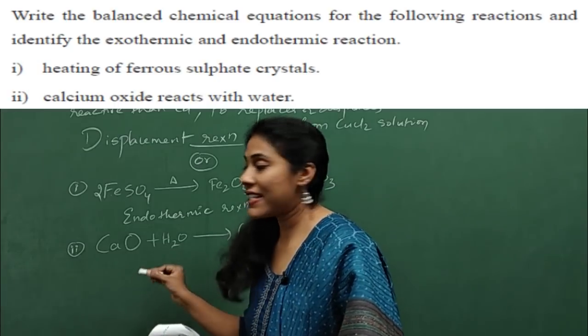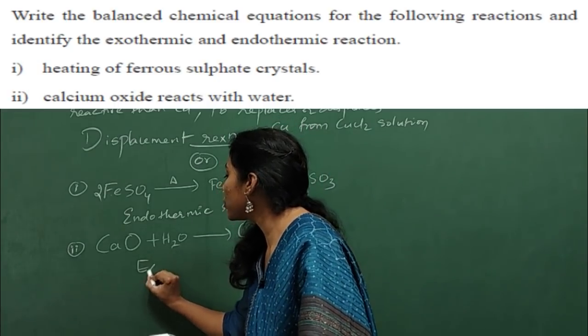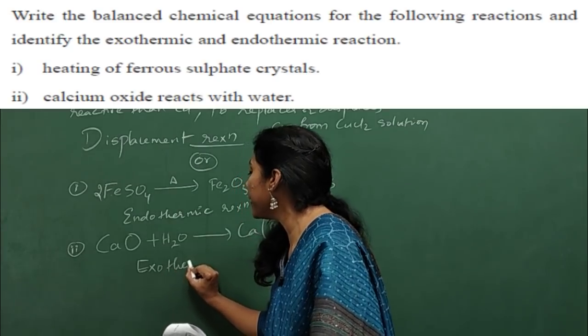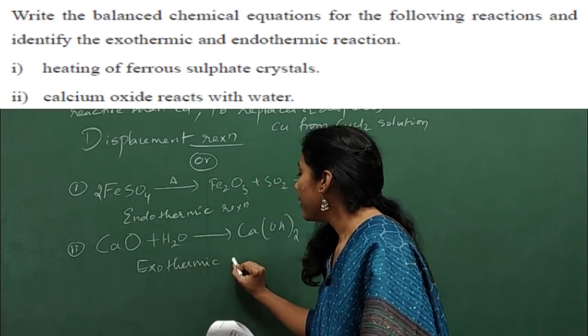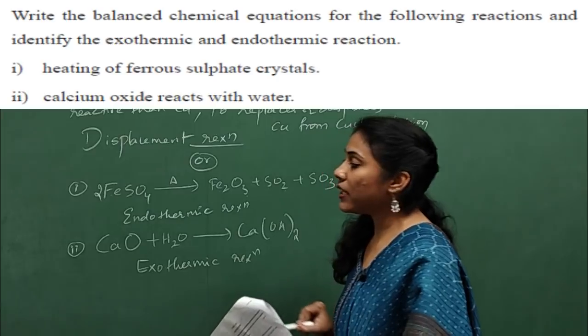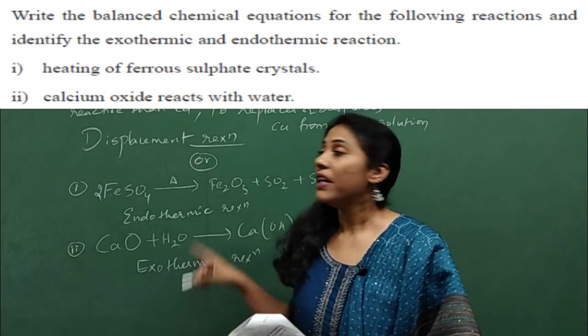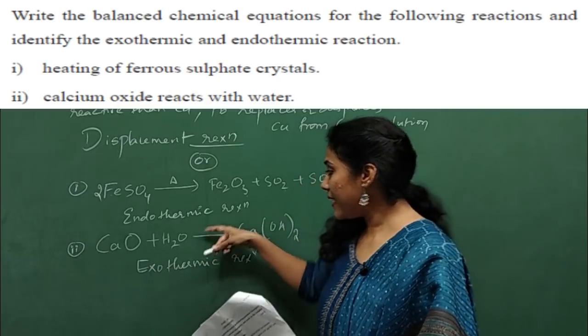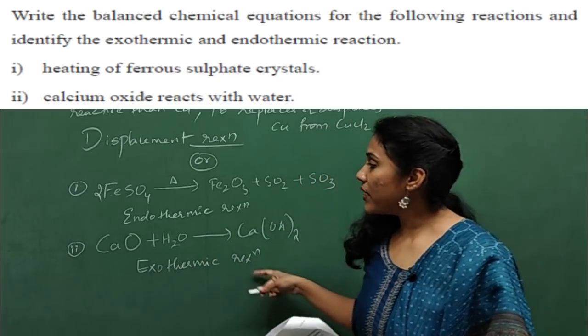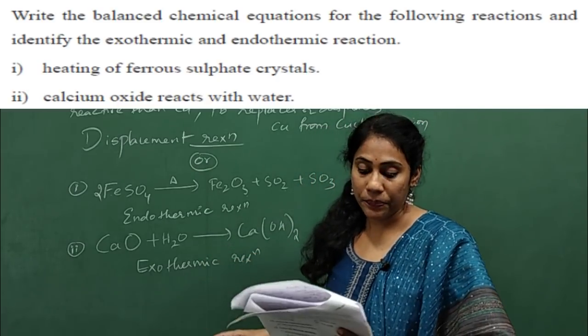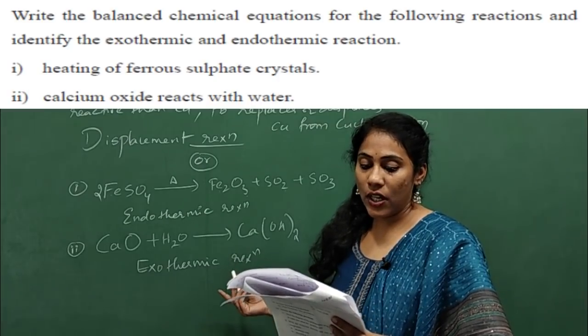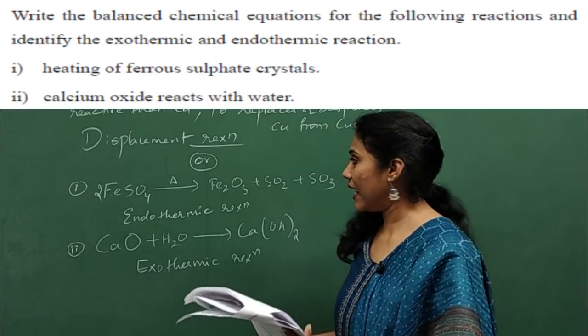And we all have studied that this reaction is exothermic reaction. Right? Why do we call this as exothermic reaction? Because heat is liberated outside. Whenever this reaction takes place, heat always comes outside. So this is an exothermic reaction. Okay. So that's all about the 20th question, guys.